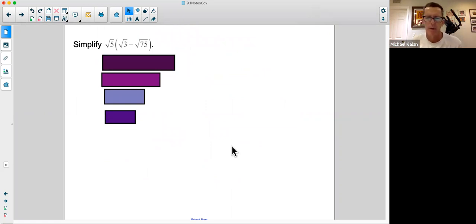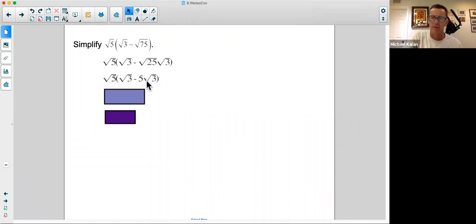So this is an interesting problem. I really like this problem because if you look at this, you might say, I'm going to distribute the root 5 to them. And you could do it that way. But also look inside the radical. Can you do anything inside the parentheses? Can you do anything with the square root of 3? No. But what about the square root of 75? Yeah. You can make that the square root of 25 times the square root of 3, right? And what's the square root of 25? 5. So now inside the radical, you have root 3 minus 5 root 3.